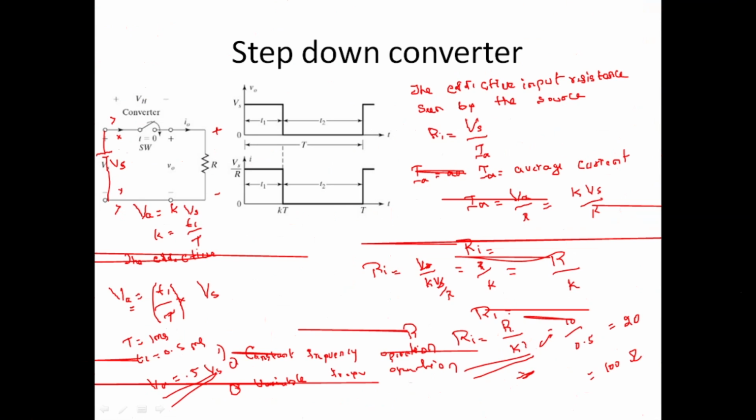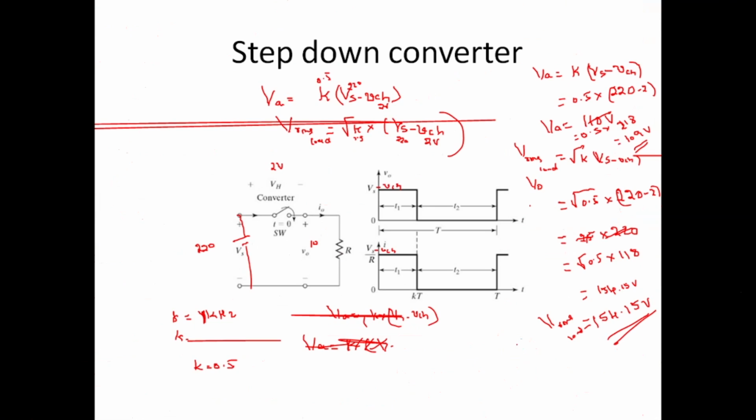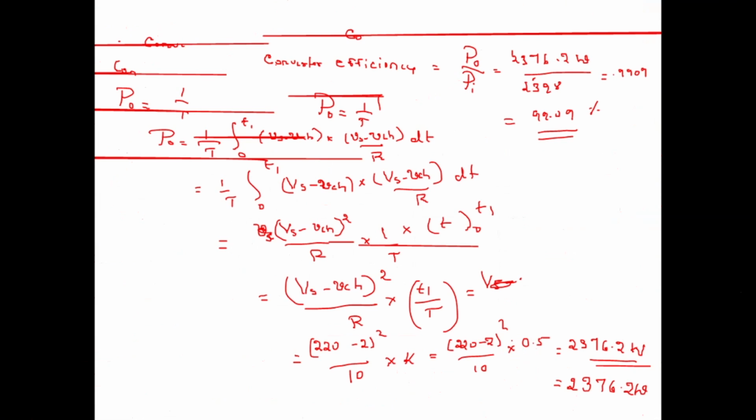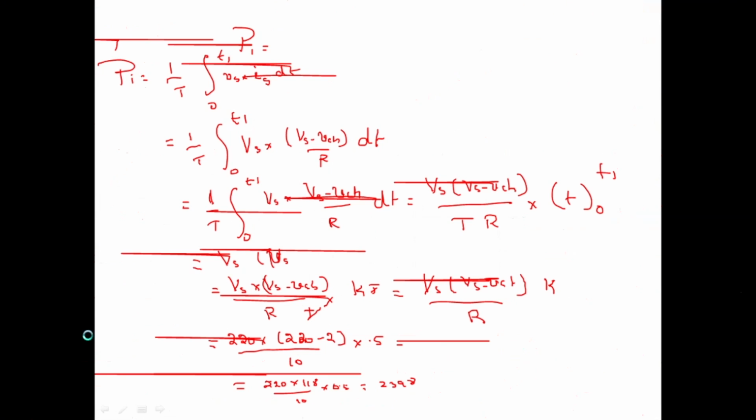You use that formula. So effective input resistance Ri is equal to R by K. R is 10, K is 0.5, so 20 ohm.